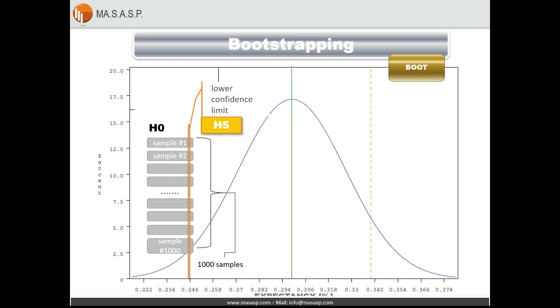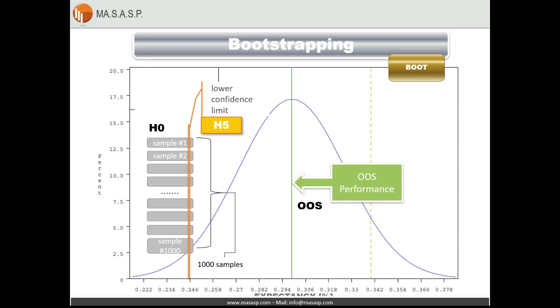The bootstrapping component outcome shows this confidence limit along with the previous out-of-sample estimate, which is called point estimate. The latter in this chart is plotted as a green straight line, but it would also be recognizable as the vertical axis of symmetry of the plotted distribution, as this distribution is centered around the point estimate.